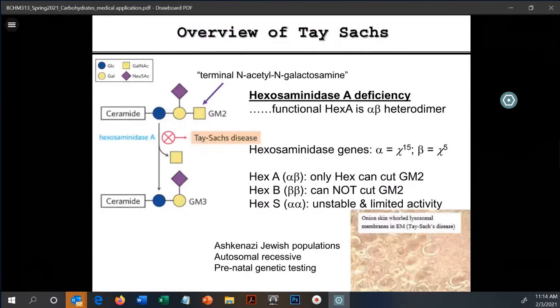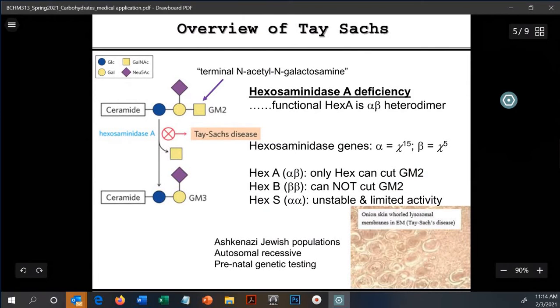So let's take a close-up view of this hexosaminidase A enzyme. And hexosaminidase A is the specific enzyme that is defective in Tay-Sachs. So this is the enzyme that's bad in Tay-Sachs. And technically, this enzyme is cleaving away an N-acetylgalactosamine, right?